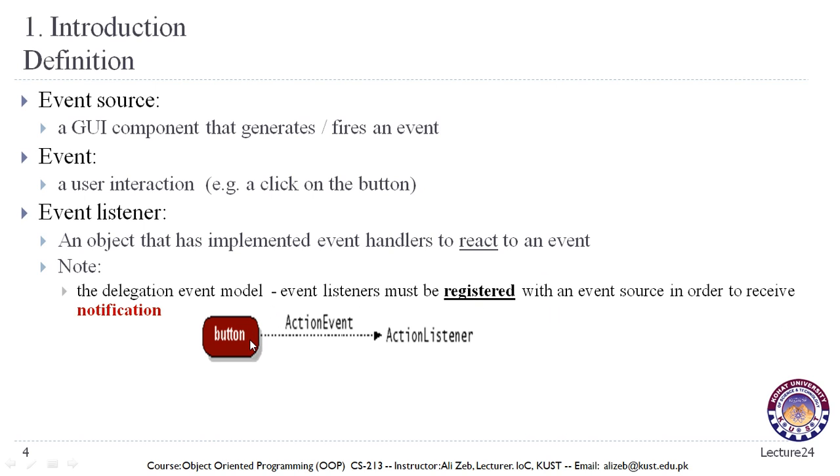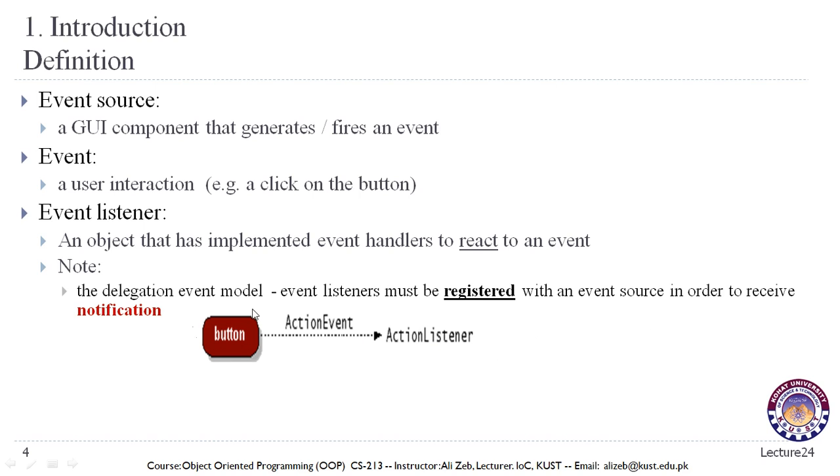For example, the button here is the source. We should associate the action listener with that button in order for that action to be performed by that button. This process is called registering the event listener with the event source.